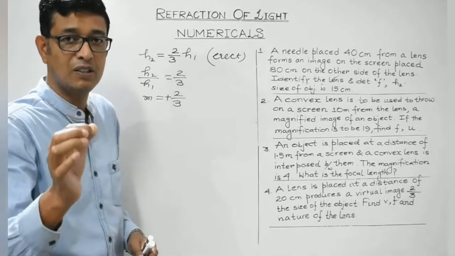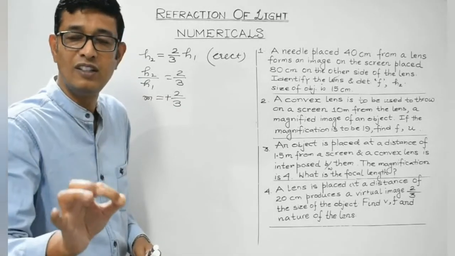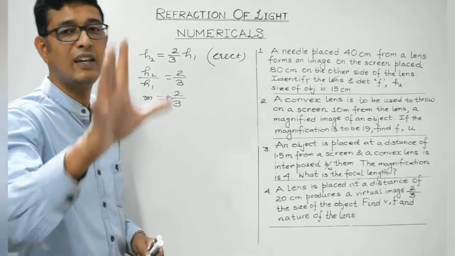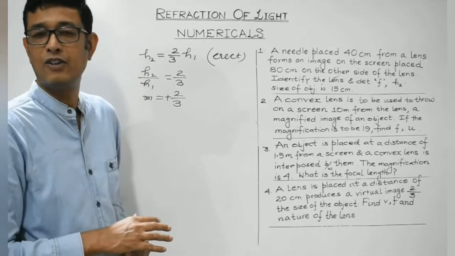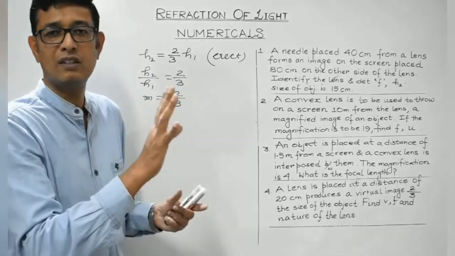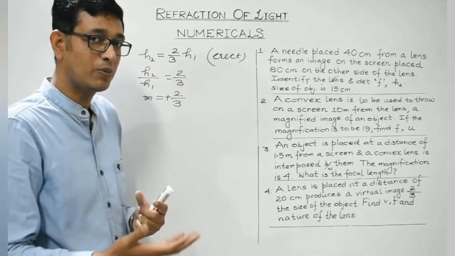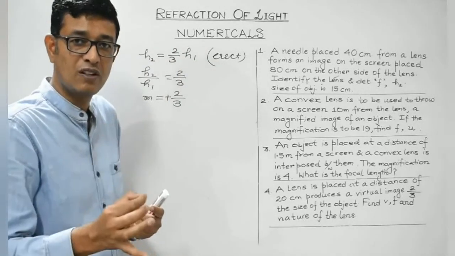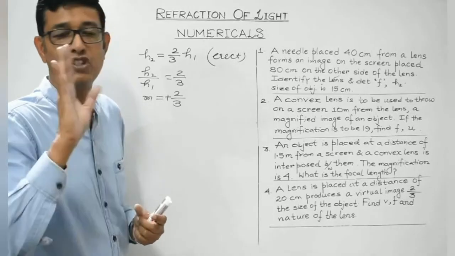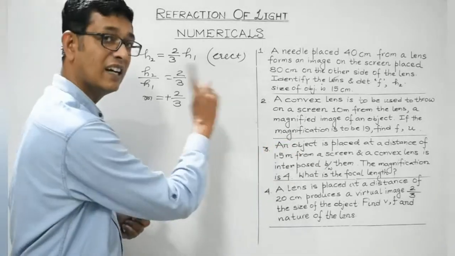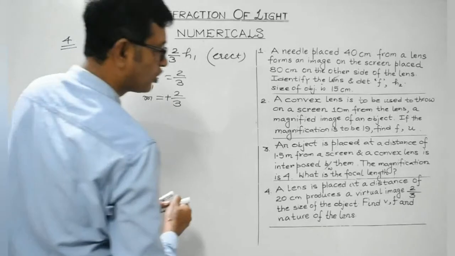It is feasible, it is possible only in case of a concave lens. In a concave lens, wherever an object is placed in front of it, the image obtained is always virtual, erect and diminished in size. So it is satisfying that condition. So what about the nature of the lens?